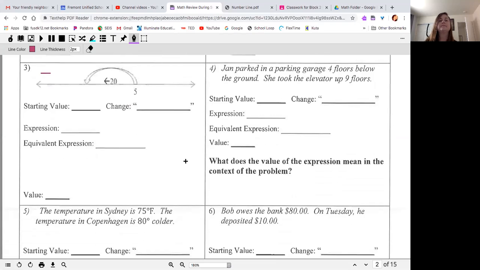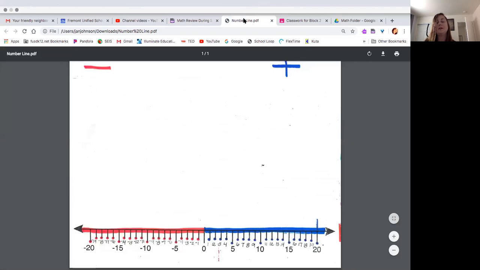Scrolling down a bit. Number 3. Oops, I didn't erase everything on here. Erase. Okay, oh, there are no numbers to box. You're right. There's not even a problem. This is a number line. So it looks like this number line.